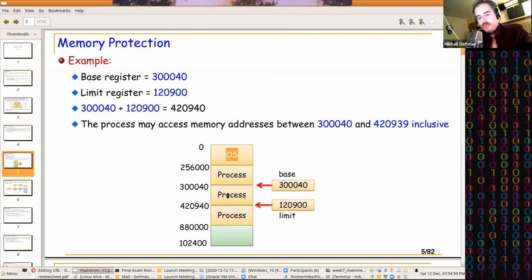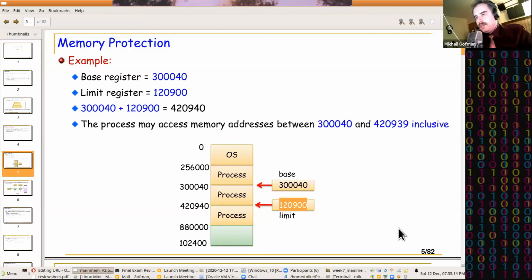So the base register is going to be loaded by the operating system to contain the starting address of the process, and the limit register is going to be loaded with the memory size of the process.